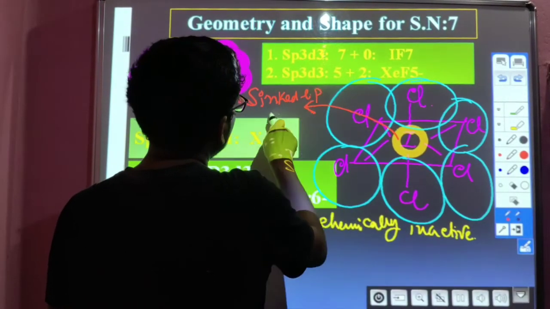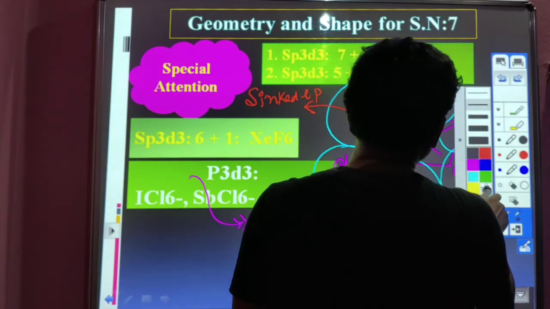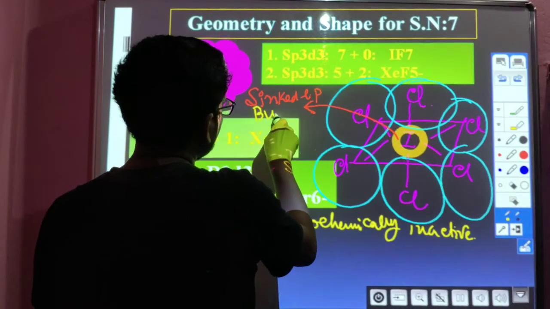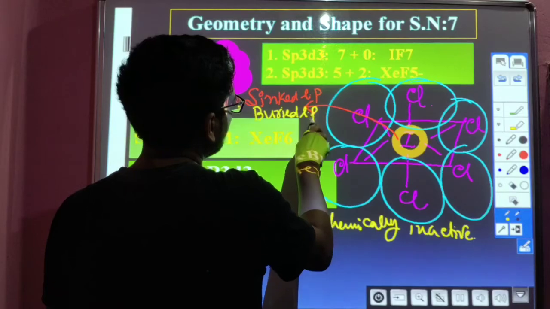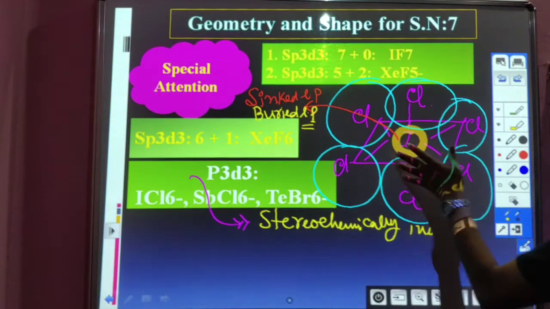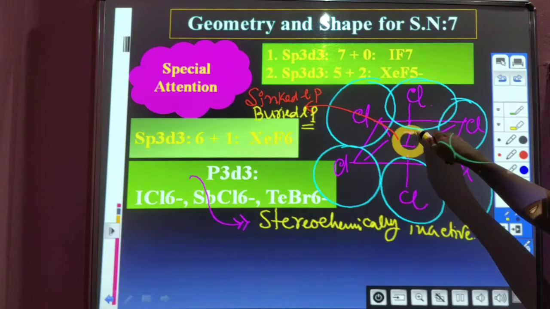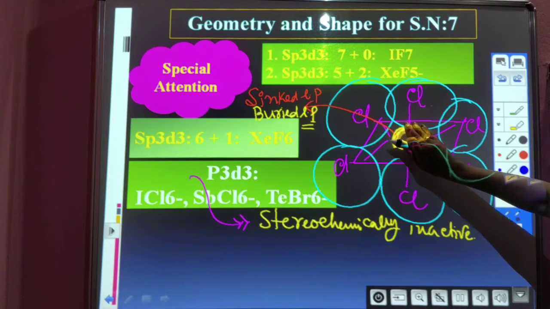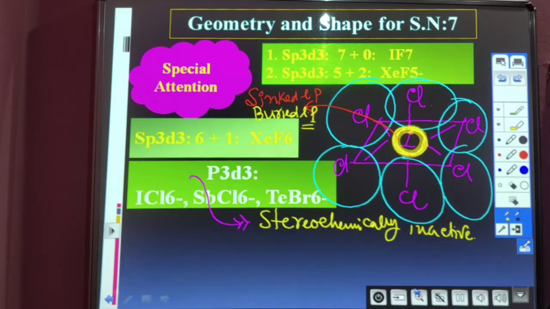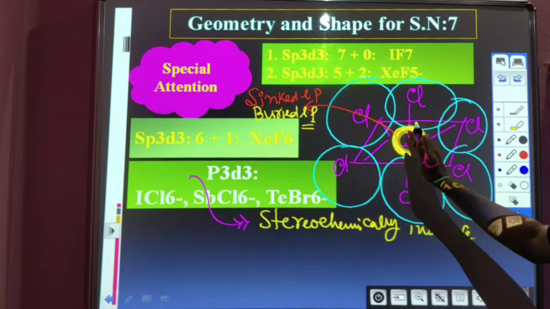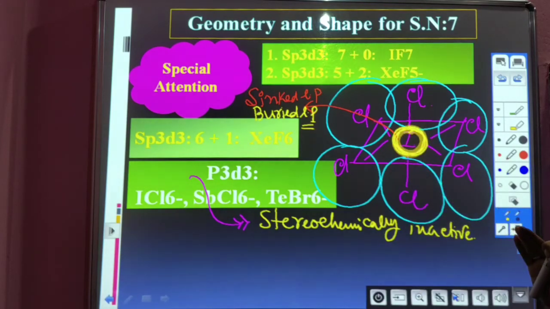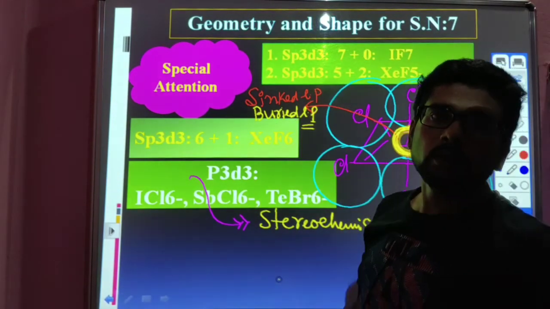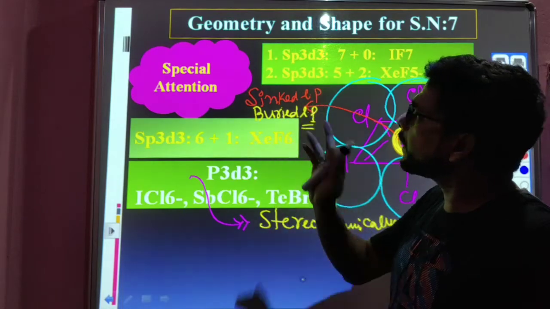Sunk, you please remember. Or this lone pair we can write here, this is buried lone pair, B-U-R-I-E-D, buried lone pair. Sunk lone pair or buried lone pair means Cl won't allow this lone pair to come out. Stay as you are, don't try to come out. Please be happy with the way you are. We won't allow it to come out, which means it will be a stereochemically inactive lone pair, also known as sunk lone pair or buried lone pair.